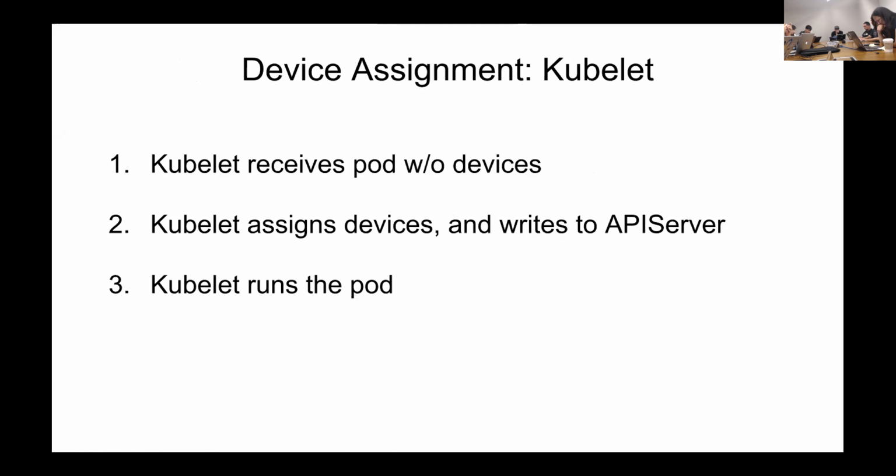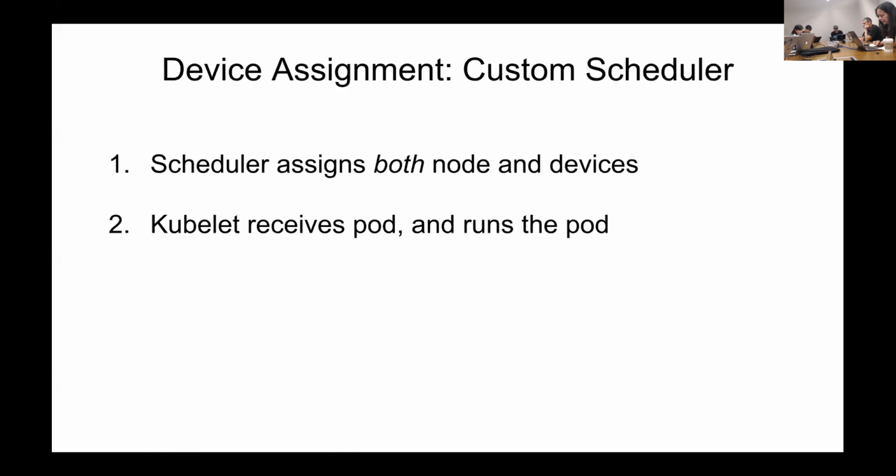And so if you require specific properties about, say, the topology of your devices, for example, that maybe they're linked together if they're GPUs or some other things, then you're not necessarily okay with getting devices that are spread out on NUMA nodes or other things like that. And using a custom scheduler allows you to ensure from a cluster standpoint that you get what you need.